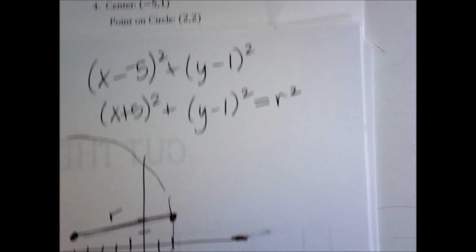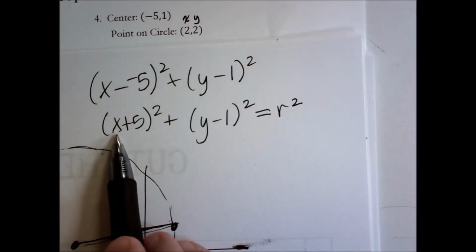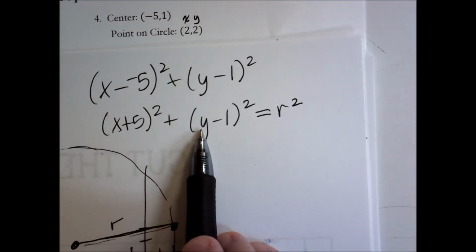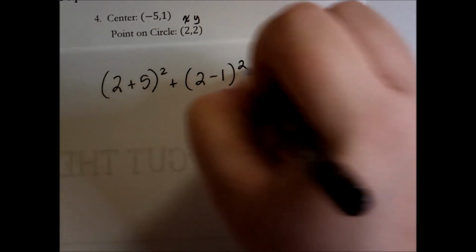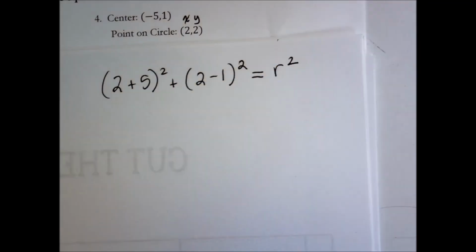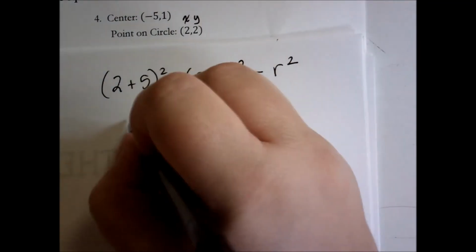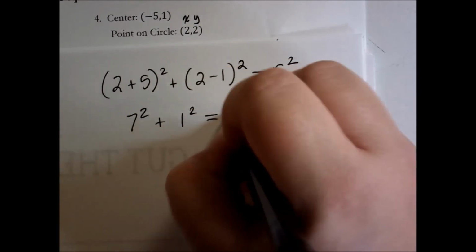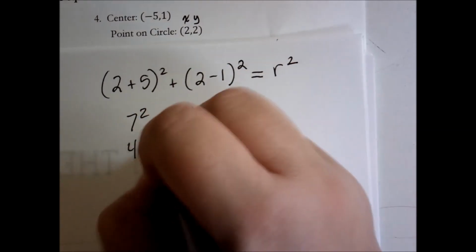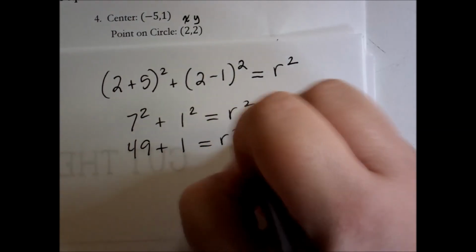If it's a point, that means it has an X and a Y value, so I'm going to put in the X value for X and the Y value for Y. So what that gives me is 2 plus 5 squared plus 2 minus 1 squared equals R squared. 2 plus 5 is 7. 2 minus 1 is 1 equals R squared. So 49 plus 1 equals R squared, which is 50.